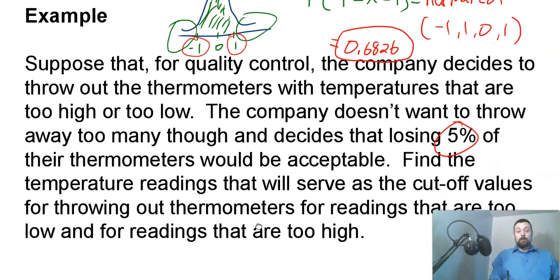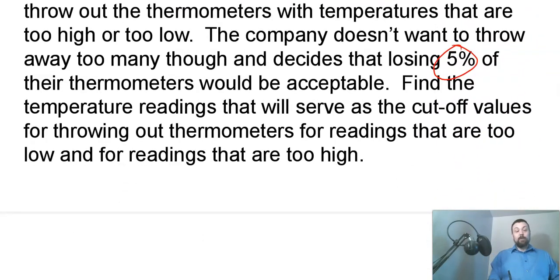Now, here's where it gets a little tricky, right? If we want to throw away 5%, well, which kind of thermometers are we going to want to throw away? There are some thermometers that are going to have readings that are too high, and we want to throw those out. But there also will be thermometers with readings that are too low, right? So if we have a thermometer that's reading 3 degrees, well, that might be too high. We might need to throw that one out. But if it's reading -3 degrees, that's too low.